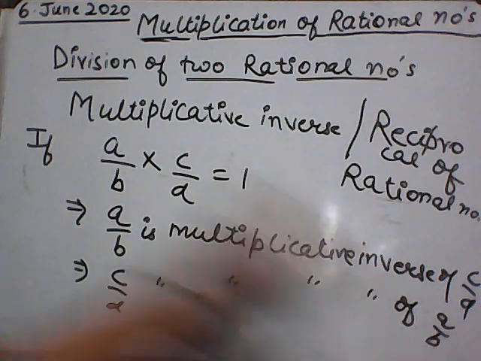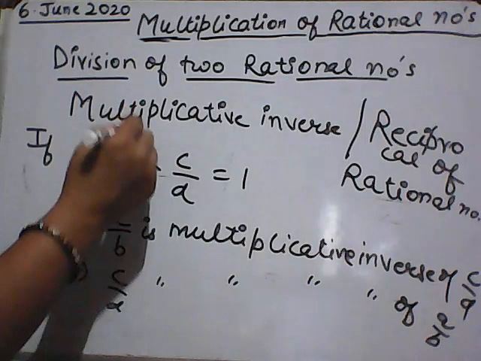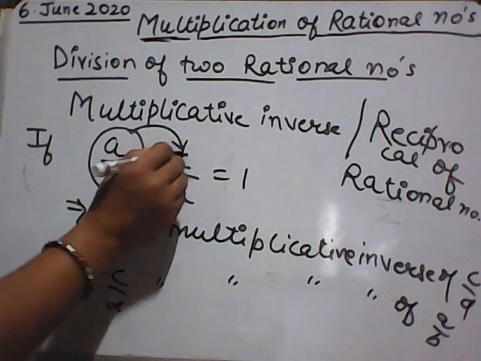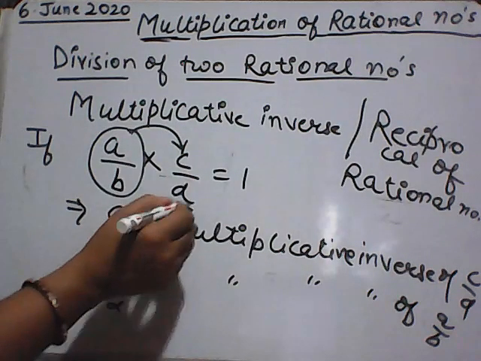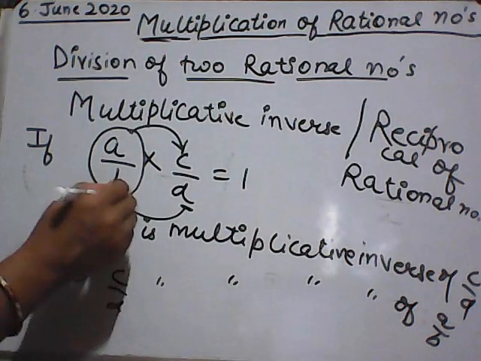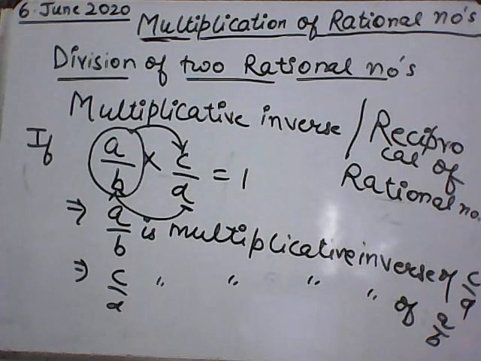You can say one rational number is the multiplicative inverse of another rational number, and the other rational number is the multiplicative inverse of the first rational number. If the product of two rational numbers is equal to 1, then you can say one number is the multiplicative inverse of the other number.